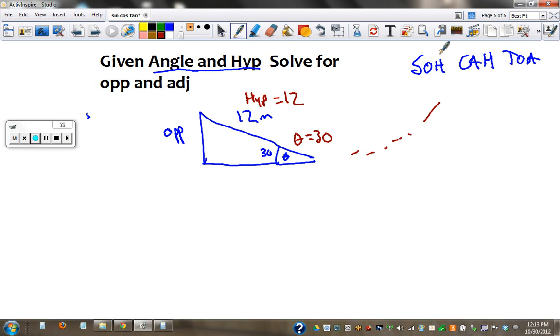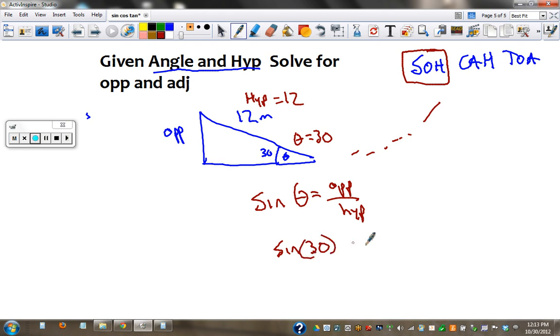So I'm going to use sine. Sokotoa. So my formula is sine theta equals opposite over hypotenuse, or sine 30 equals opposite over 12. And then to solve for the opposite, you do times 12.